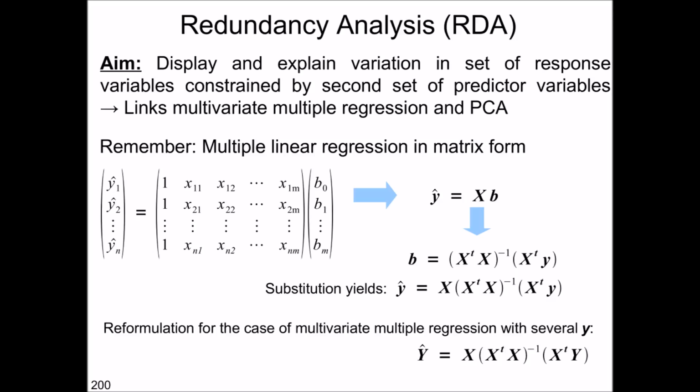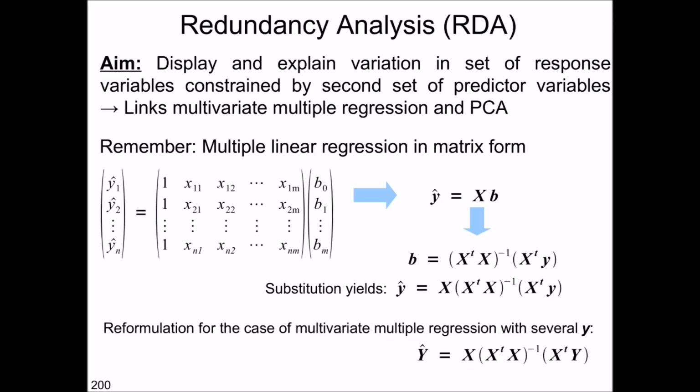And this can be expressed in different terms. You see that on the slide, and at the bottom of the slide you see the reformulation for the case of multivariate multiple regression analysis, where we have several vectors of y.